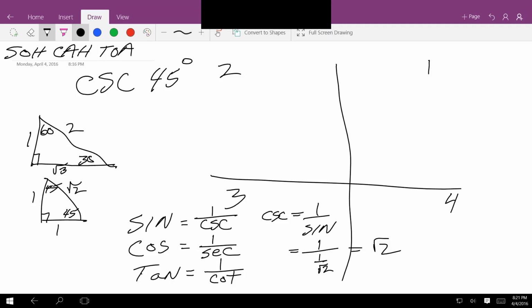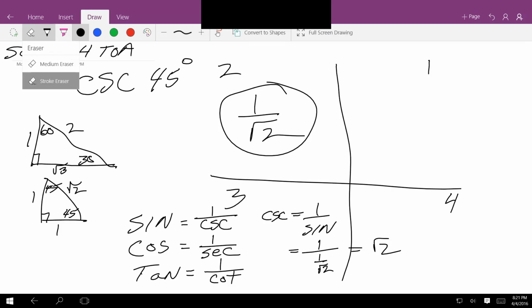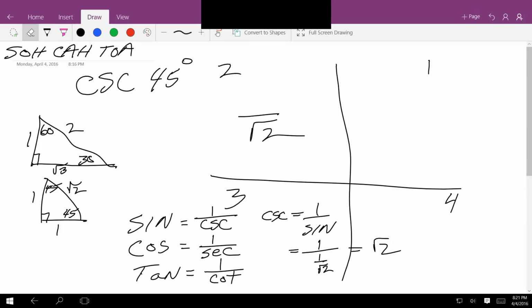You never want to give that as an answer to anything. But if that's just an intermediate step, you can leave it like that. That's the same number as square root of 2 over 2. You know what I mean by rationalizing it? Yeah. Okay. So that's the cosecant of 45 degrees is root 2.